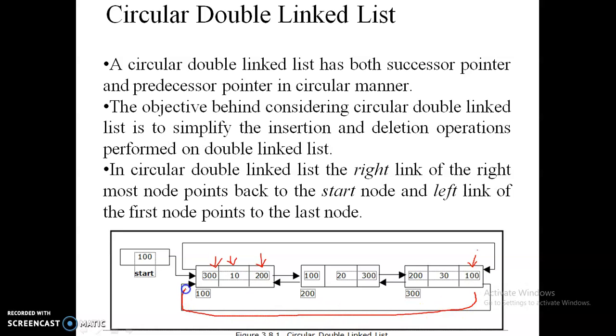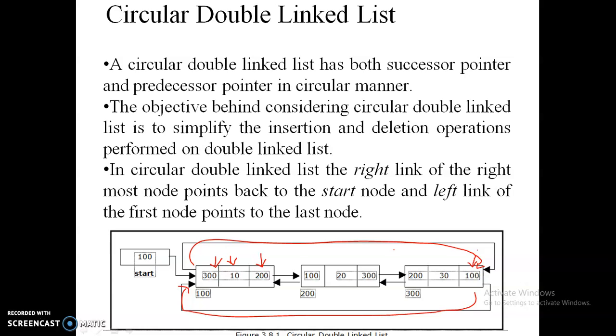Here this is the pointer for the first node, and the first node's previous is the last node, so that it forms one circular rotation. Whenever you want to move from the first node to the last node or the last node to the first node, it becomes very easy with the circular linked list.